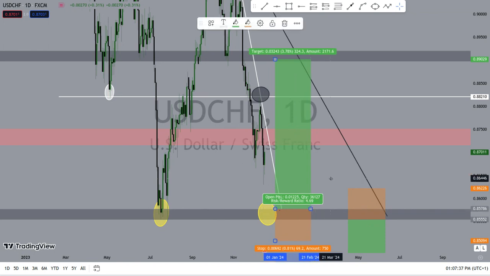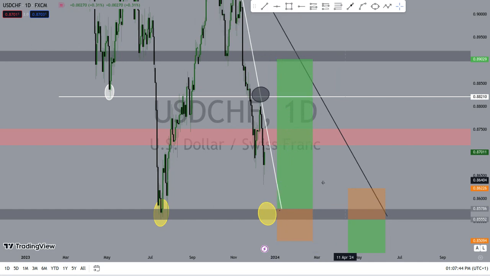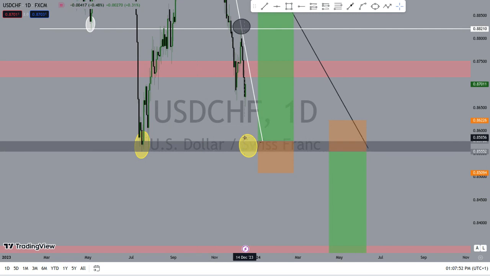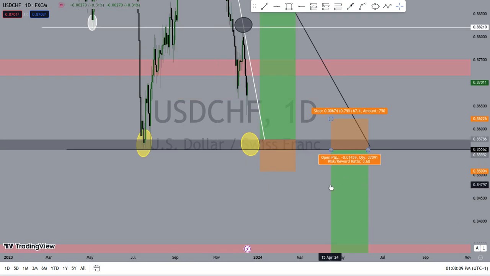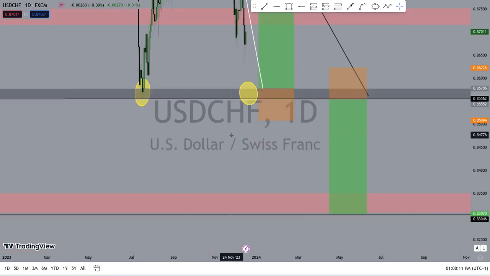So we should keep an eye on USD CHF to see if price gives us a clear double bottom pattern. We should be looking to go long. Otherwise, once we break below this bar, we break below this level, we should be looking for sales on USD CHF.